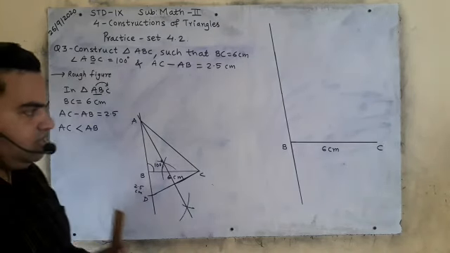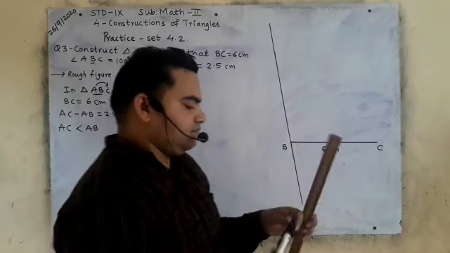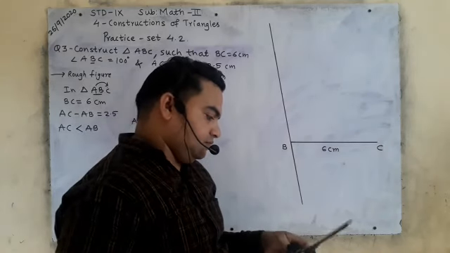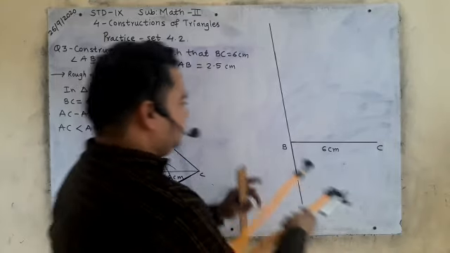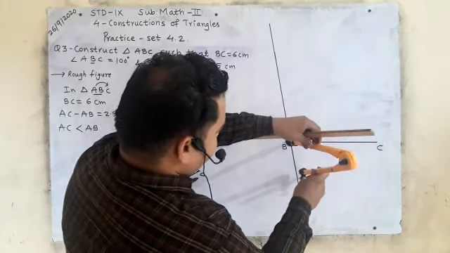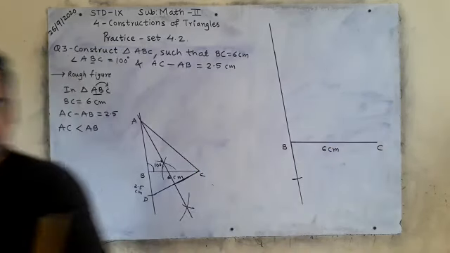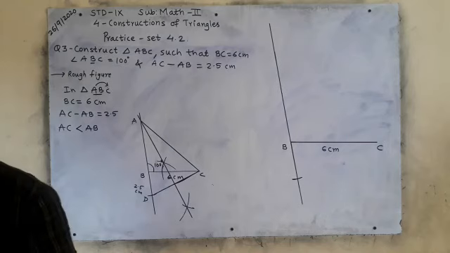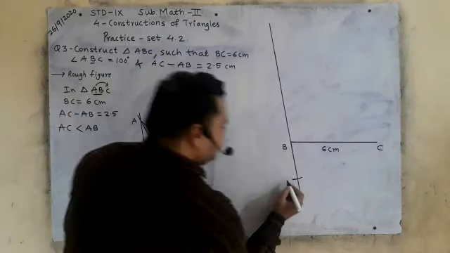So you will take 2.5 in the compass, and from B you will take 2.5 down. Then you will join DC. I will give the name D to this point.